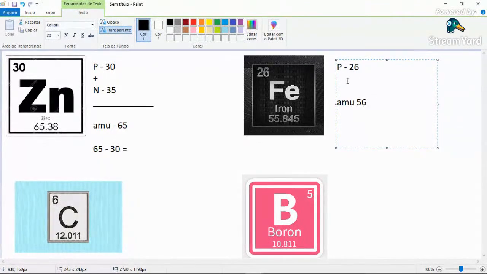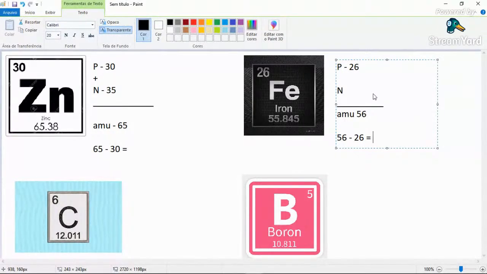So again, I need to find the neutrons. I'm going to underline that. And how do I do it? I'm going to go 56 minus 26. And what is the answer to that?